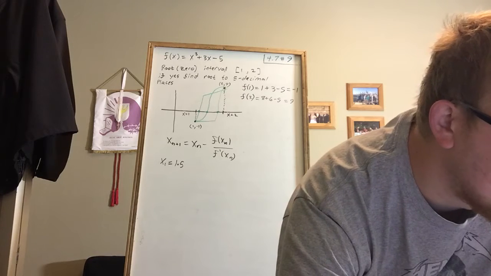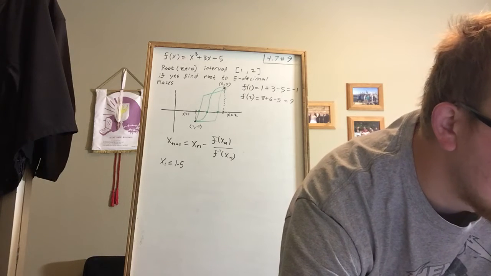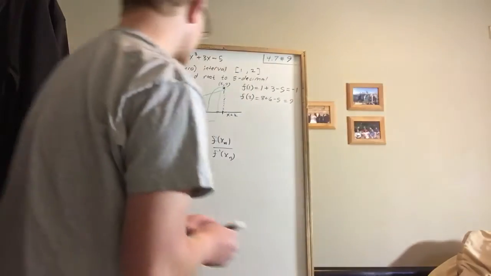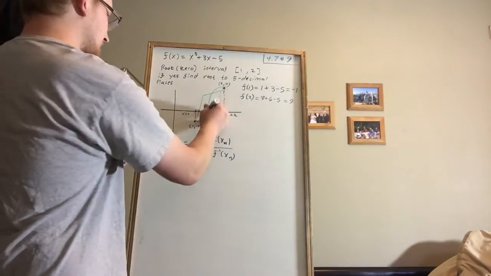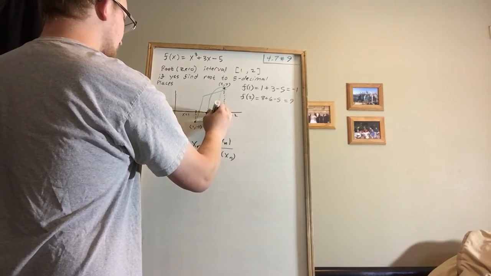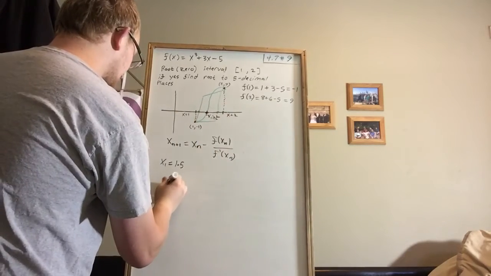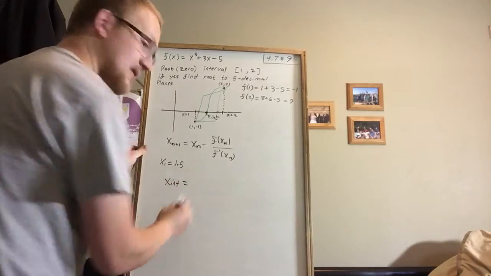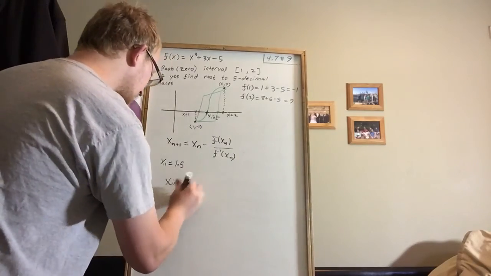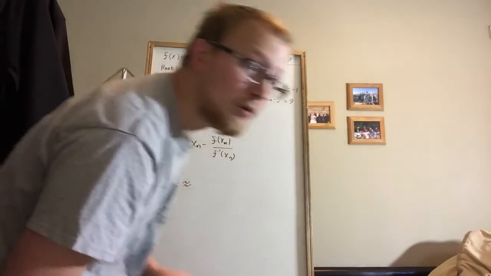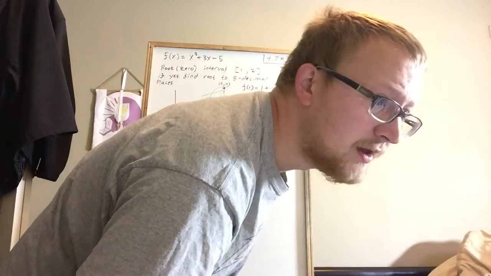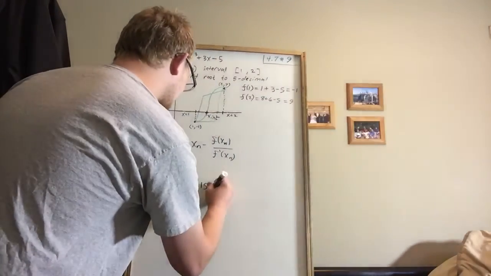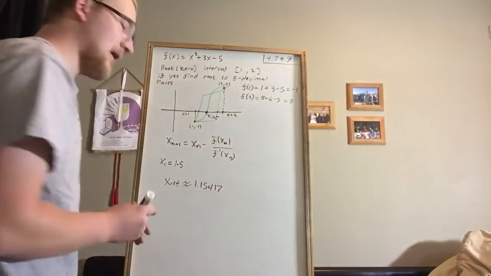It gave me an answer that's well beyond the 5th decimal place, so the x-intercept, x sub int, is roughly equal to 1.15417, and that's to the 5th decimal place and rounded.